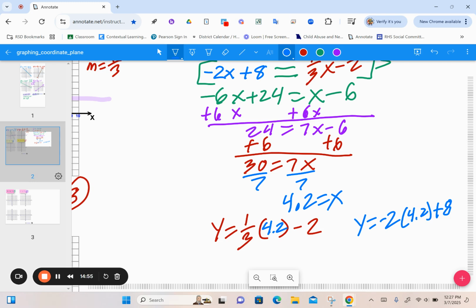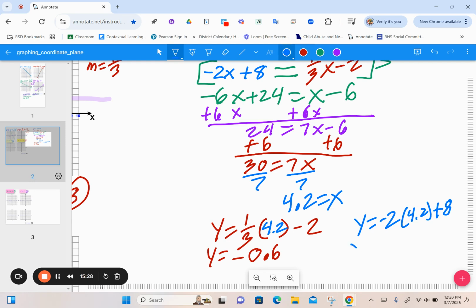So I can do 1/3 times 4.2 minus 2, and I'm going to get negative 0.6 for y. So what happens if I do negative 2 times 4.2 plus 8?